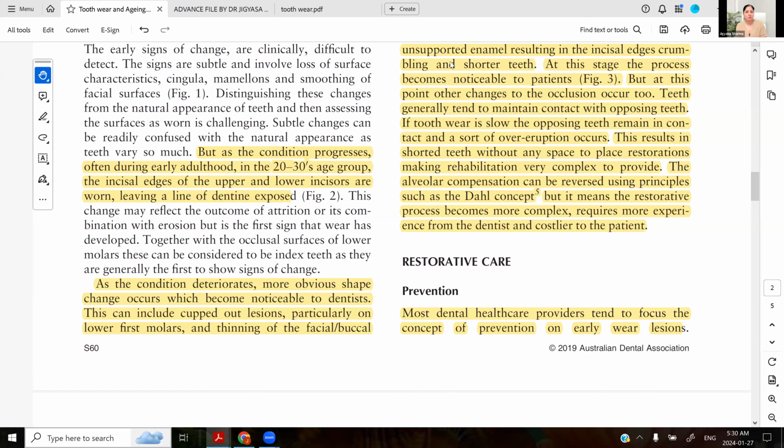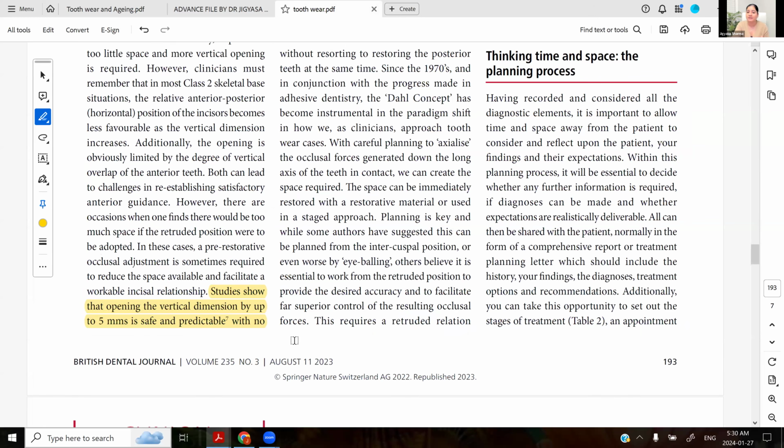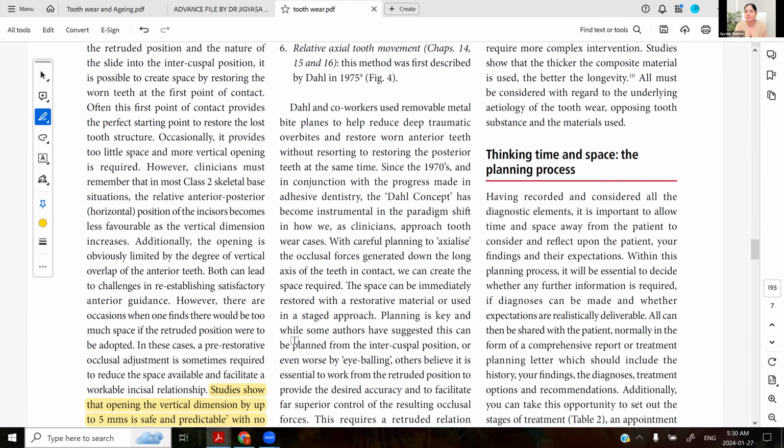Yes, Namrata, that's a good point. You can still raise the bite even despite not having lost any vertical dimension. It was found that up to 5 mm opening of the vertical dimension can be safe and predictable and can be accepted by the patients.